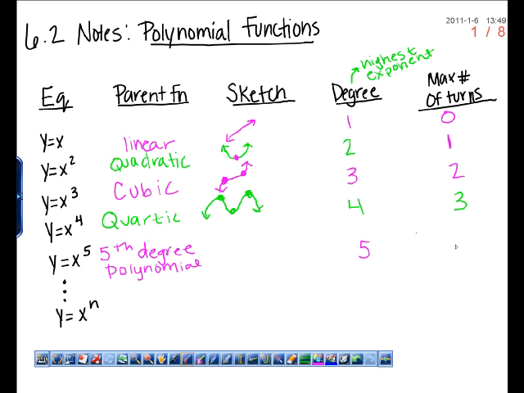How many turns can it have? 4. Take a second, try and sketch what you think a graph might look like of a 5th degree polynomial. When you've got your sketch, share it with someone next to you and see if theirs looks similar.